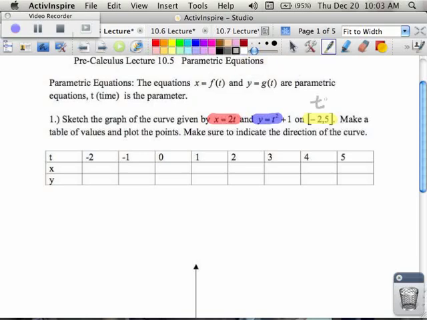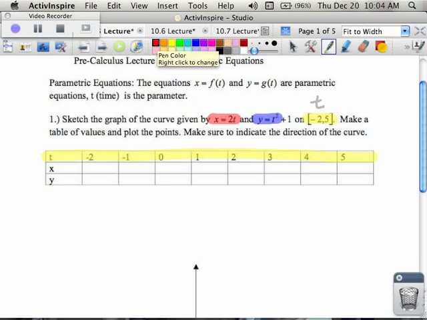And that same stuff is indicated here for my table. So t is what we would call the independent variable now, and x and y both are dependent variables, which means you choose the value for t, plug it in, and out pops x and out pops y. Let's see what that means in our table.